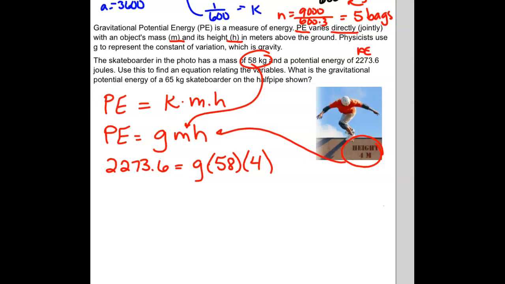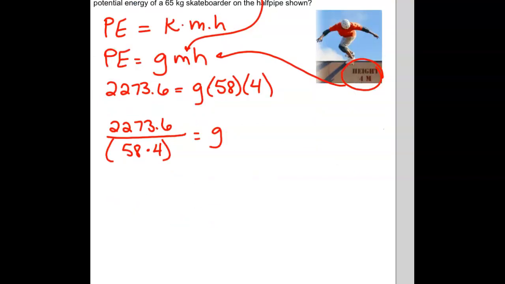So we are going to multiply 58 and 4 and then divide it to the other side. So take your calculators, 2,273.6, and we're dividing by the quantity 58 times 4. Okay? When you do that, you should get a constant for gravity of 9.8.